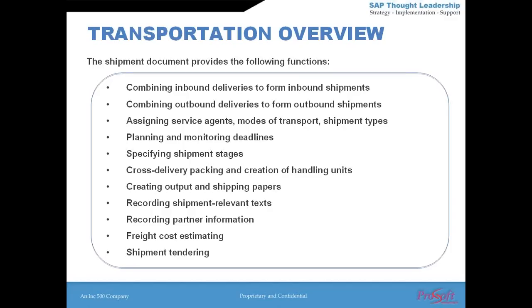That is where the creation of handling units and the delivery packaging becomes very essential, which determines the kind of carrier that we are going to pick up and the kind of freight cost that is going to be involved. SAP allows a very flexible way in this part of the transportation.